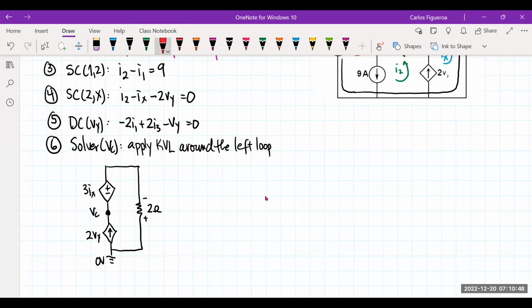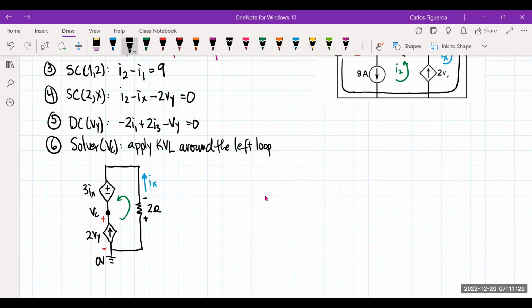So I know that this is my current that goes like this, right? This is Ix. And then I'm going to pick my loop in this direction so that it goes like this. If I pick that direction of my loop, you can see that this is positive and this is ground right here. So here I go. Let's say I start at VC.